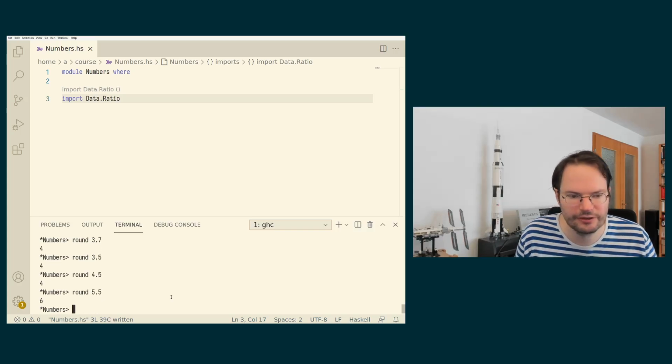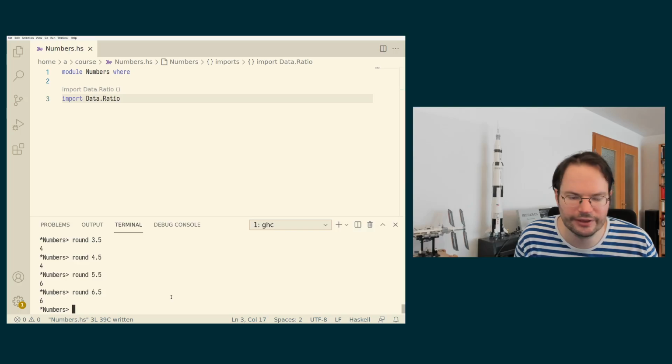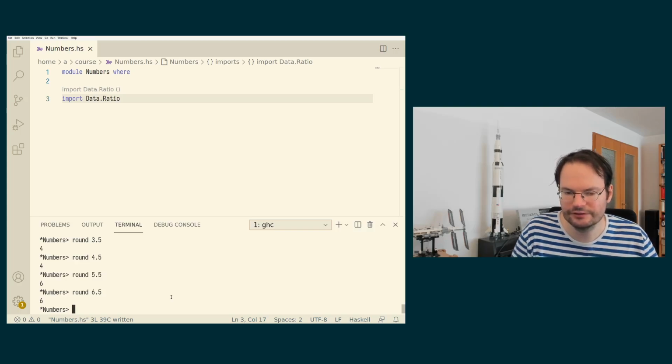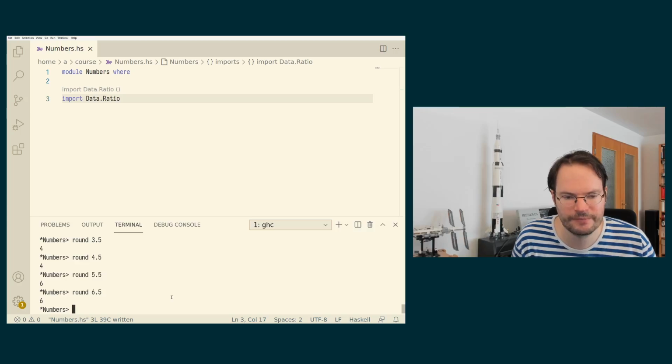For 5.5, it will round up again, and for 6.5, it will round down again. The idea is that it is overall a little bit more fair, if not all 0.5 fractions are being rounded up or rounded down consistently.